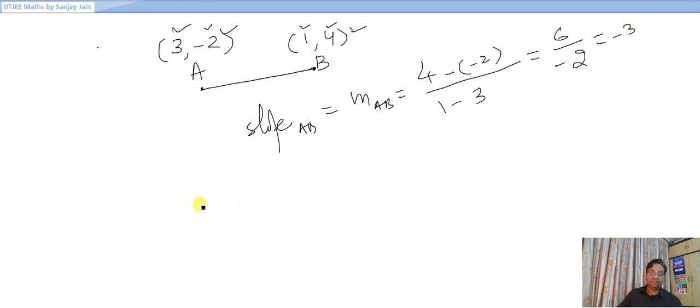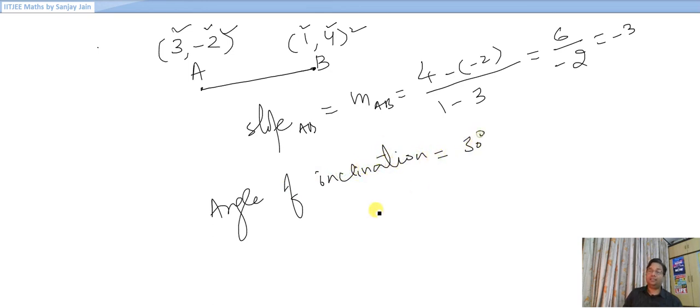Another way of asking a question can be, if I give you the angle of inclination of a line as, let us say, 30 degrees, then what will be the slope of this line which has got an angle of inclination of 30 degrees? So I'll say that the slope of this line will be nothing but tan of this angle of inclination, so it will be equal to 1 by root 3.